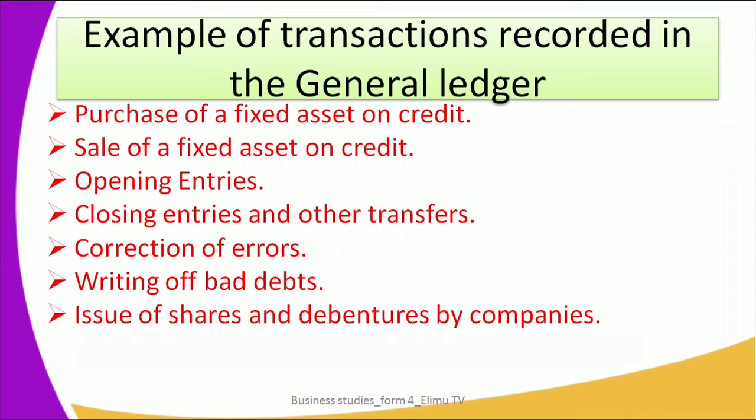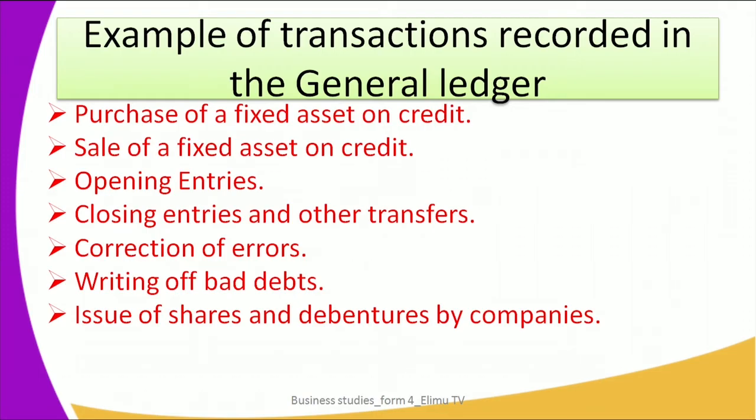The other transaction recorded in the journal is the issue of shares and debentures by companies. So what we are going to do is look at each and every transaction we've mentioned in detail. Then after that, remember, what are we preparing out of such a transaction? We are preparing the journal.